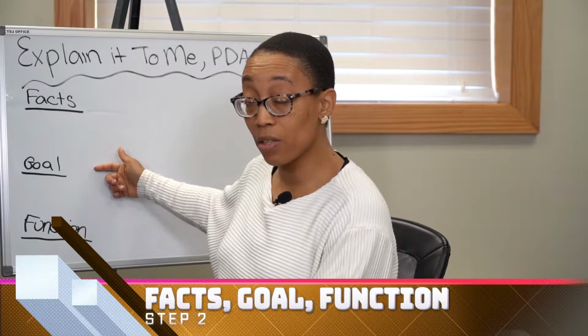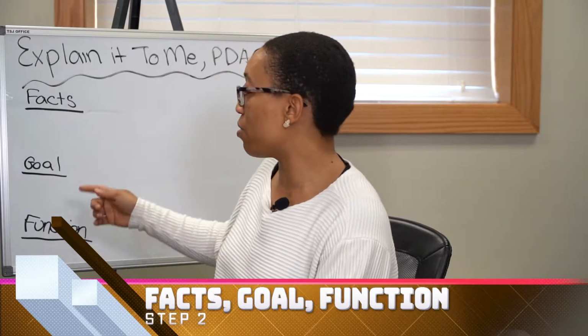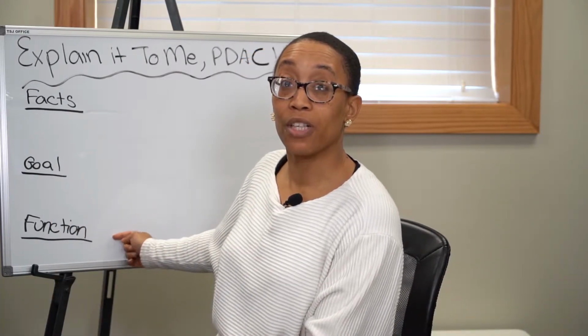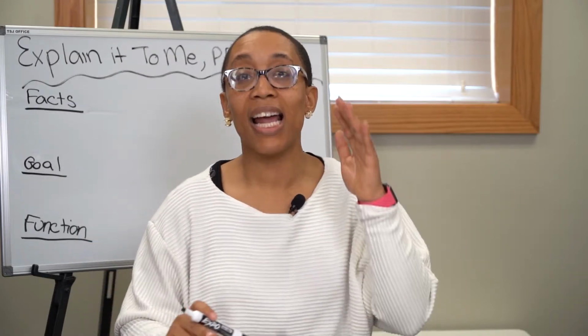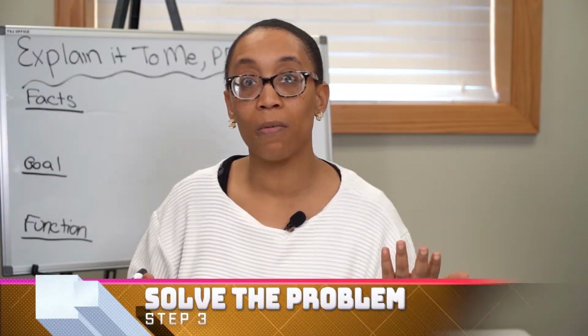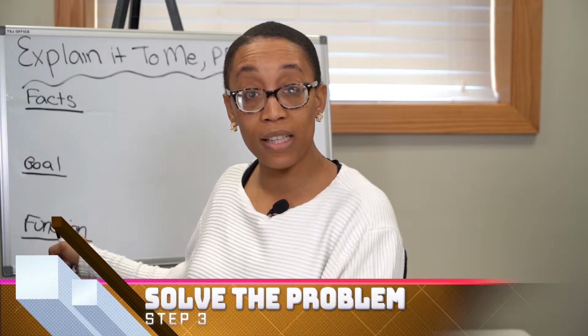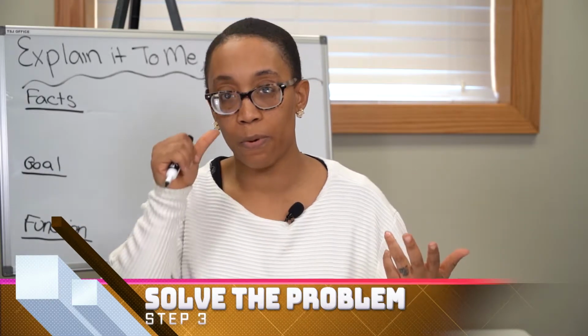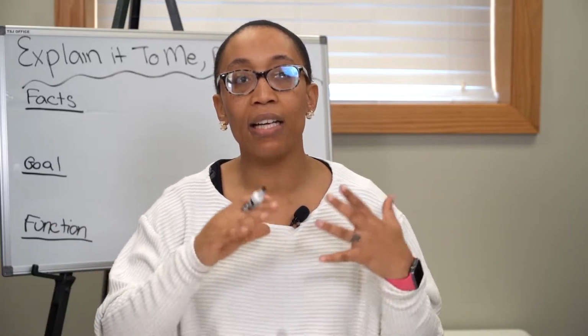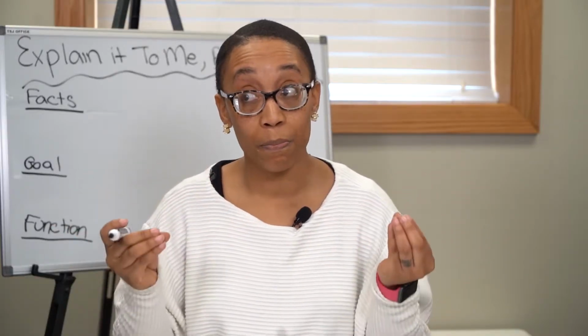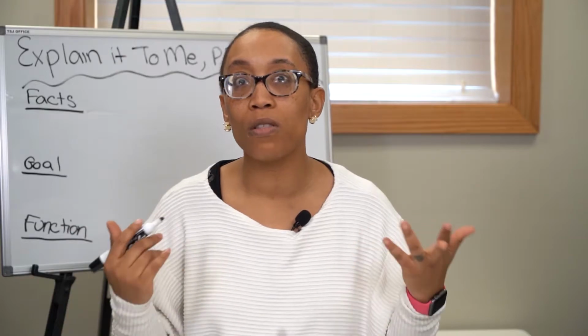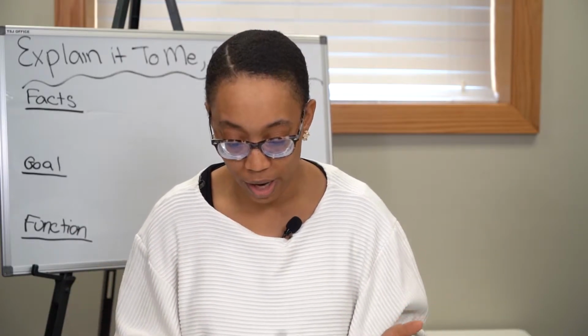What is the goal, or what are they asking you to do? And then what is the math function? Fill that out. And then the third step is to solve the problem. So read through the problem, find the facts, the goal, the math function, and then solve the problem. If you look at it like that, it's easy, and that is a simplistic enough way to solve almost any math problem. So we're going to do a couple of them.